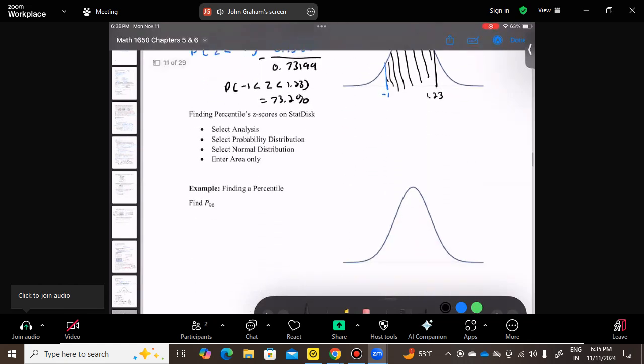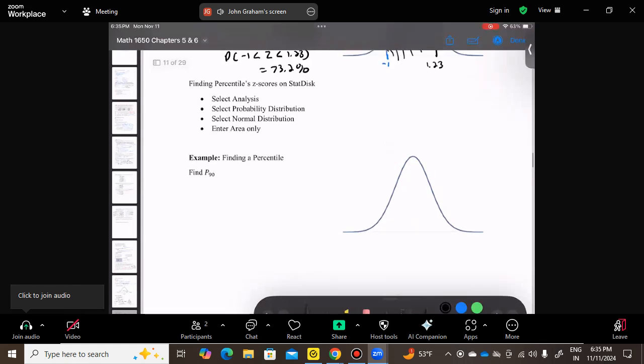Now, let's say we want to go the other way. Let's say we want to find the z-score. So we want to know the z-score for a percentile of 90. So this is 90%. It's to the left. Okay, so our area to the left equals 0.9.